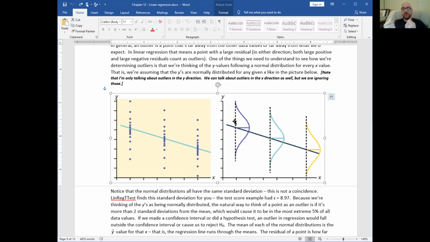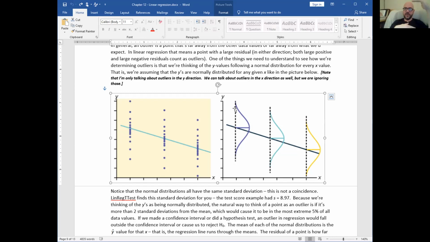The hypothesis test that we use for normal distributions, just to say that we would think of something as unusual, an unusual result in a hypothesis test would be if it was in the outer 5%, and a usual result would be within the middle 95%, right? 5%, that's where we're rejecting the null hypothesis.